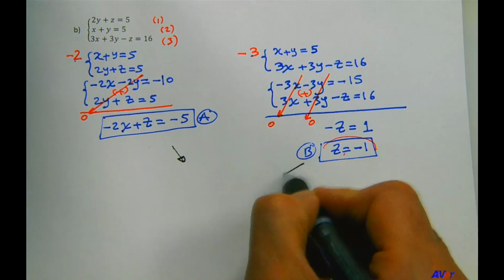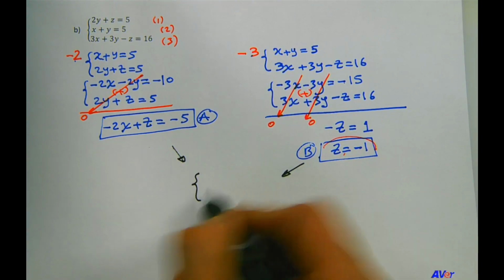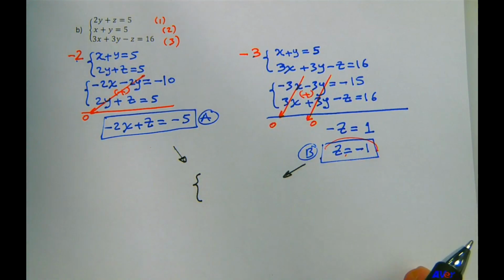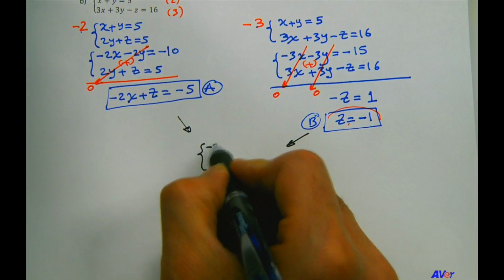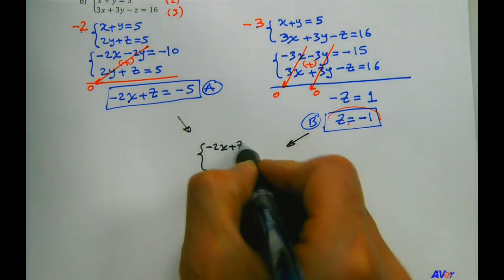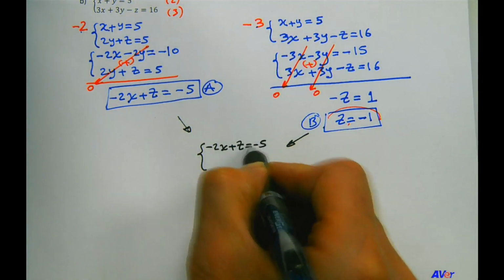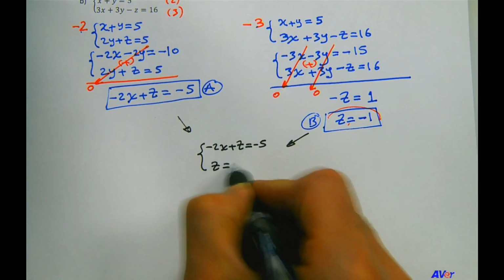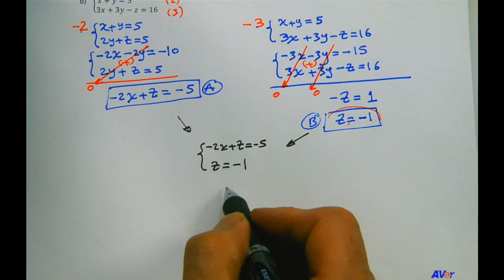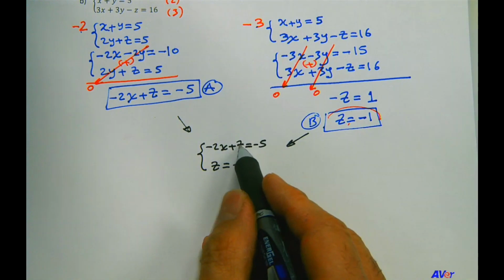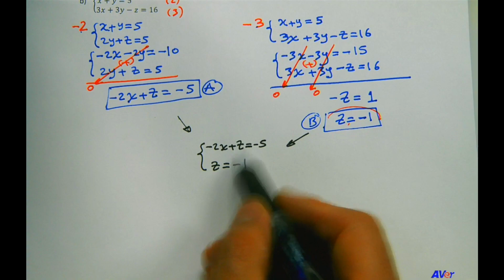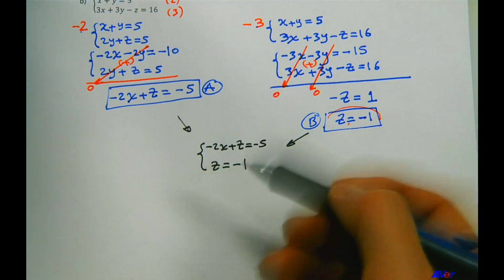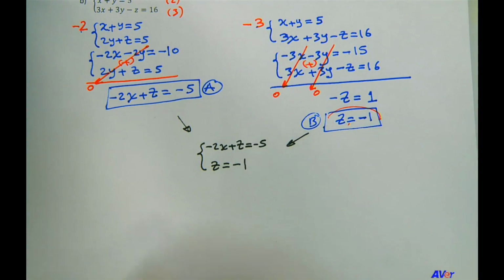With that and with this, we end up with this reduced equation, which is minus 2x plus z equals negative 5, equals z equals negative 1. So let's substitute in that equation with negative 1. That's all we have to do to solve for x, because we already know what z is.